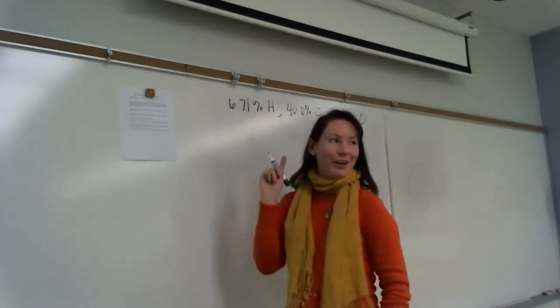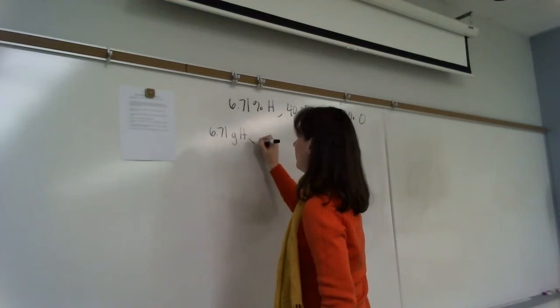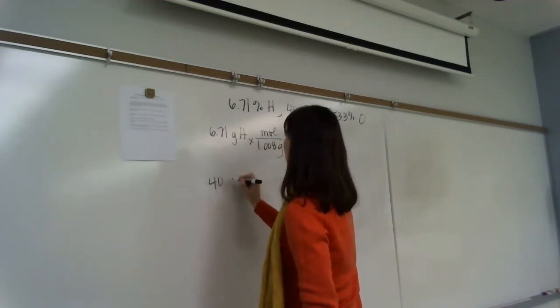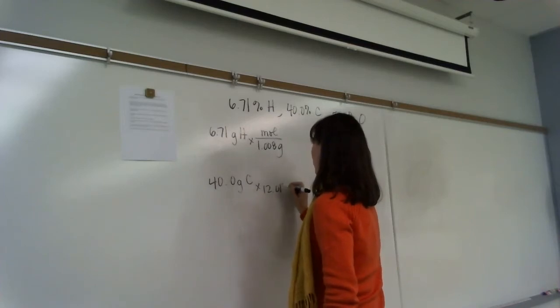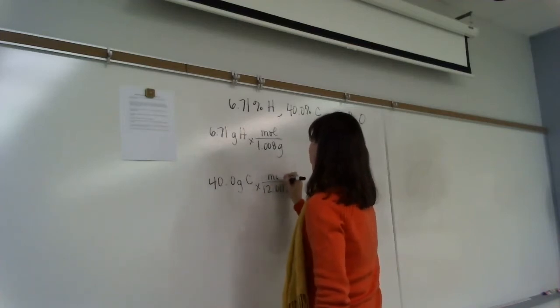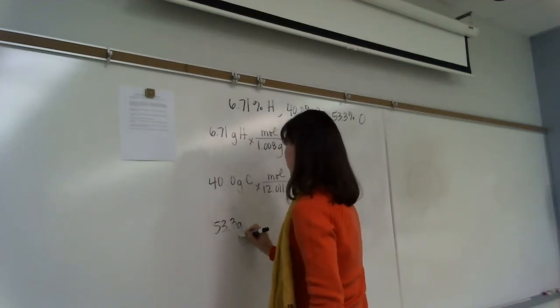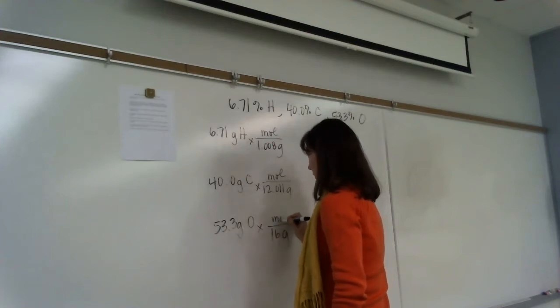We really want to make sure we know how to do this, right? 6.71 grams hydrogen times 1.008 grams per mole. 40.0 grams carbon times 12.011 grams per mole. And 53.3 grams oxygen times 16 grams per mole.